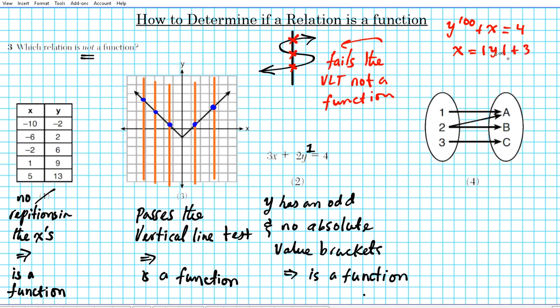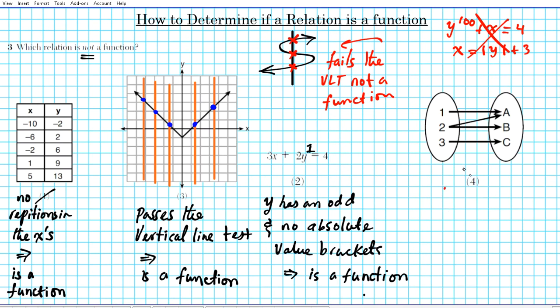This is not a function because the y, the dependent variable, has an absolute value. And the other is not a function because the y has an even exponent. So these two are not functions. But this is a function because the power of y is 1, and 1 is odd.